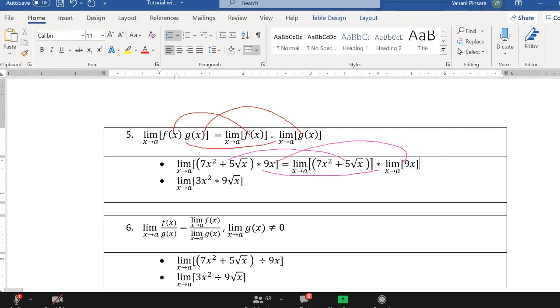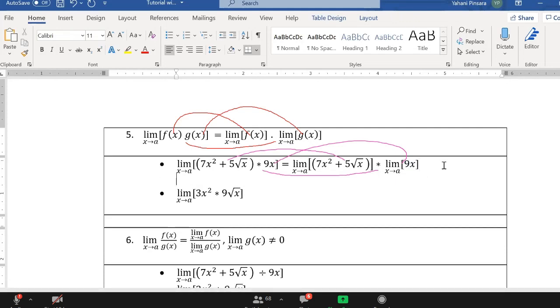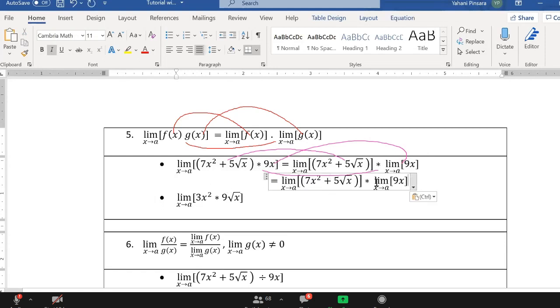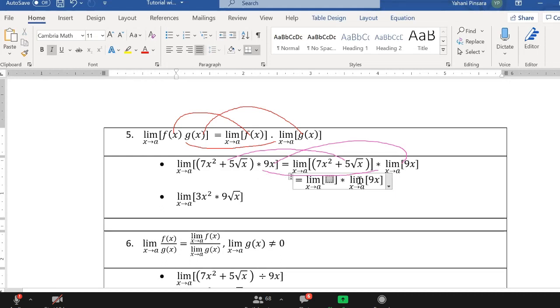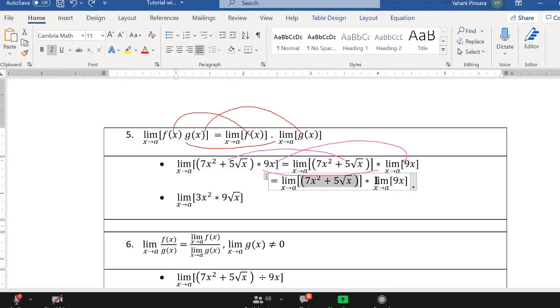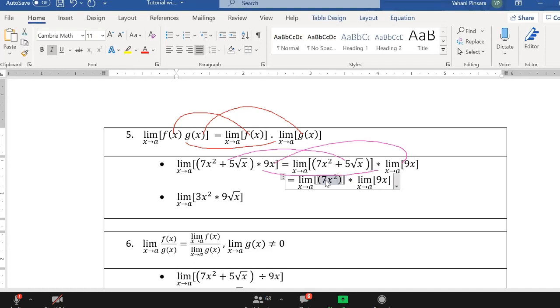So how to do that? Actually, I can't remove this bracket.